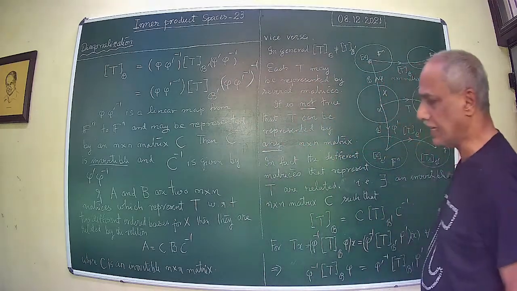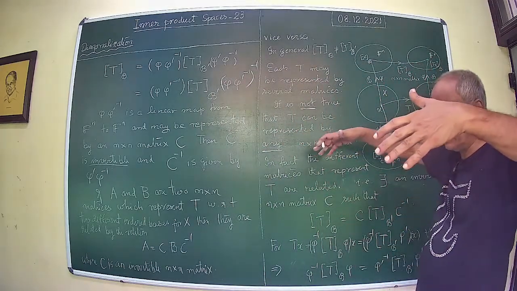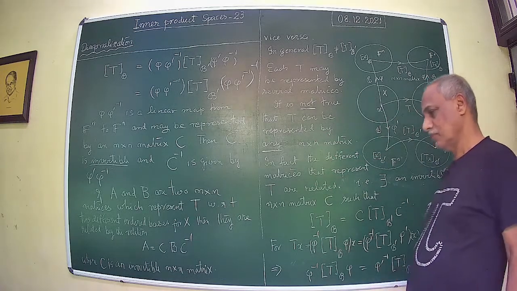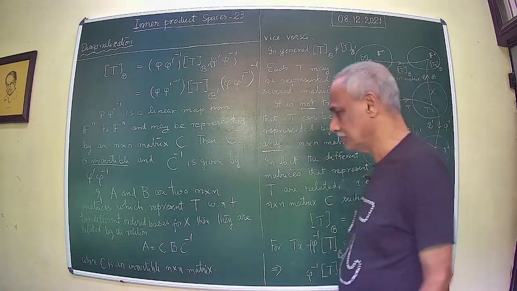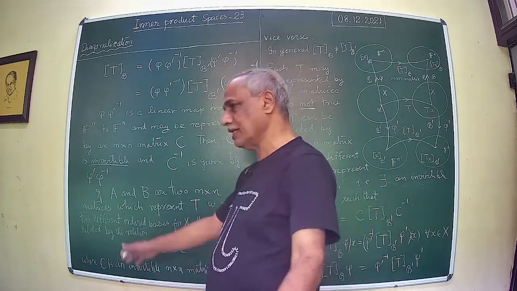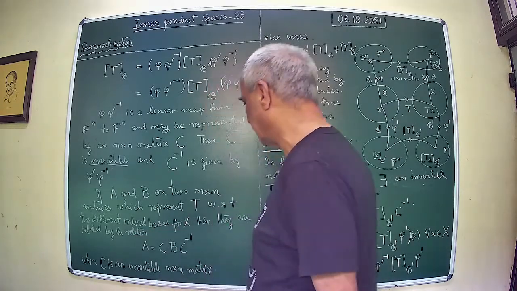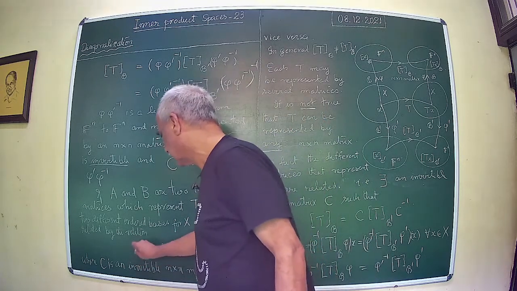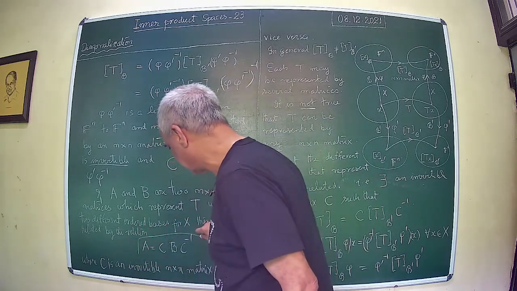So we can say that you look at all the n by n matrices with entries from F, you say that A is related to B provided there exists an invertible matrix C such that this relation holds. This is a very crucial relation.